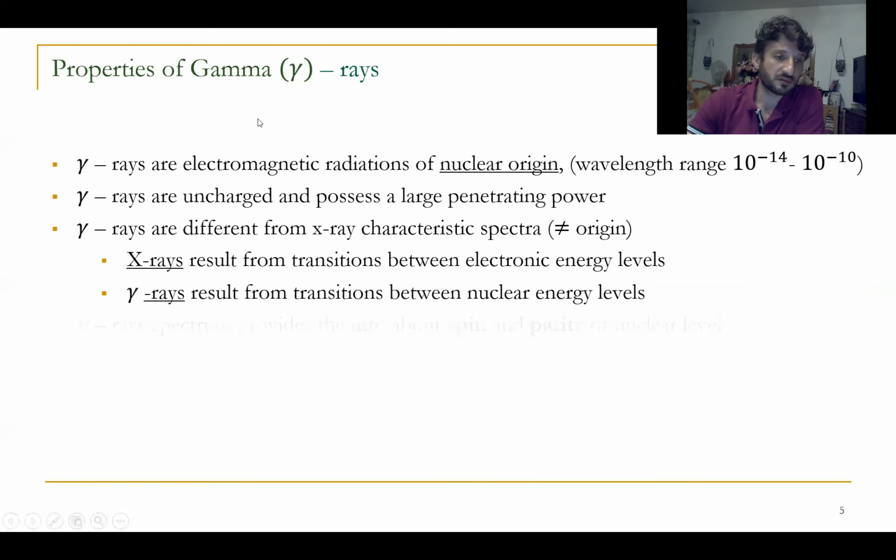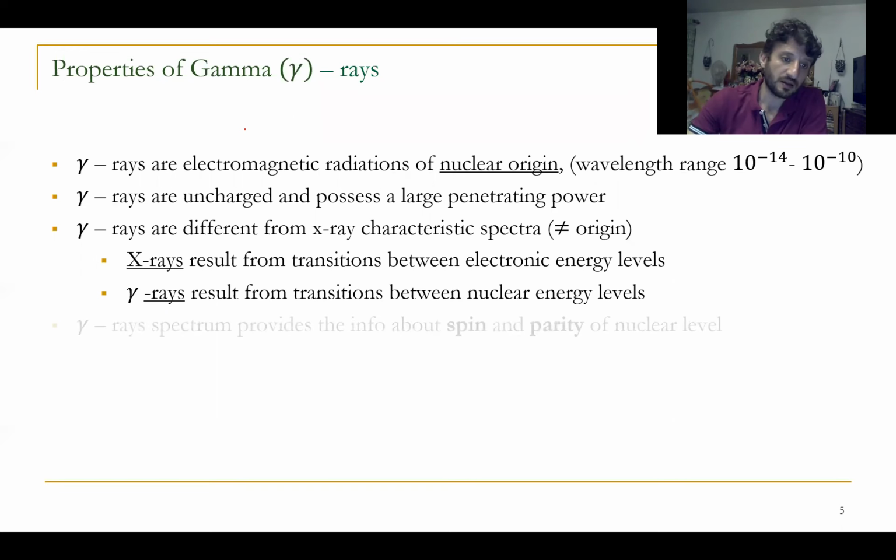The third property, I repeat, the difference between X-ray and gamma ray. X-rays result from transitions between electronic energy levels, as I said before, the transition between the electronic levels of the atom, and gamma rays result from transitions between nuclear energy levels, from the origin of the nucleus.